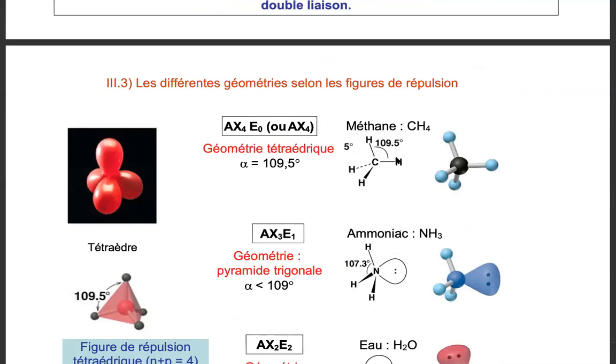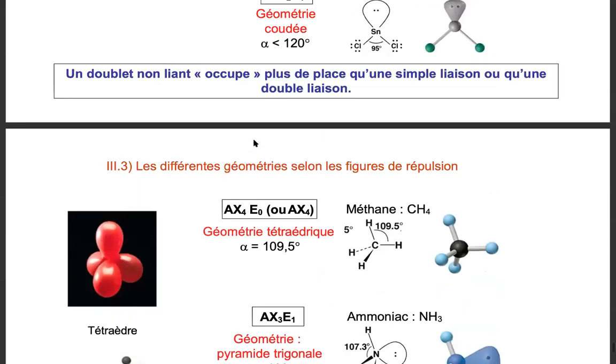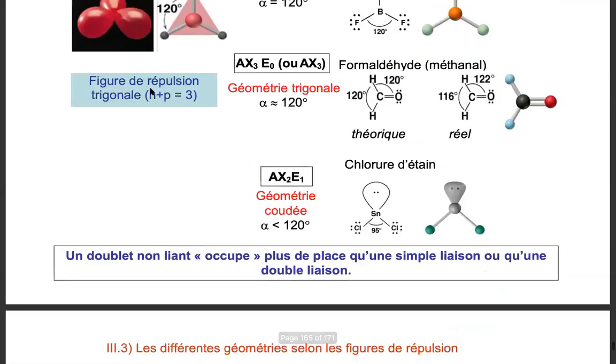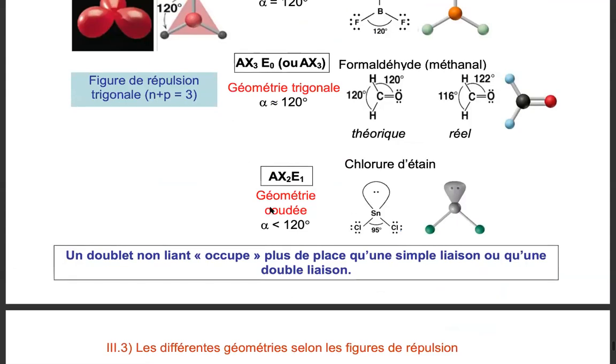We have methane. The central atom is carbon. The X here is hydrogen, and we have 4 hydrogen atoms, and there is no lone pair of electrons. Therefore, when we want to calculate the repulsion figure, that is tetrahedral.